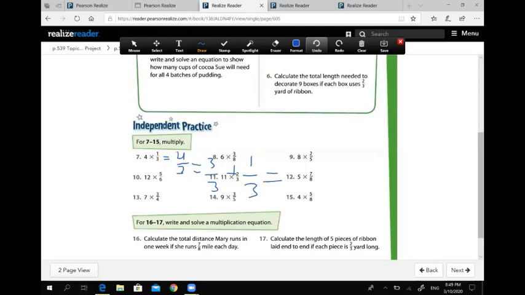Sorry for this writing. So 4 over 3 is equal to 3 over 3 plus 1 over 3. 3 over 3 is 1. So 1 as a whole number and a fraction 1 over 3.